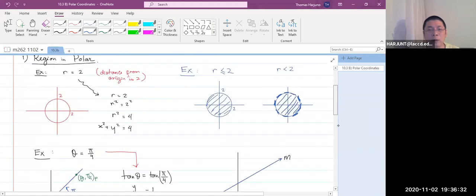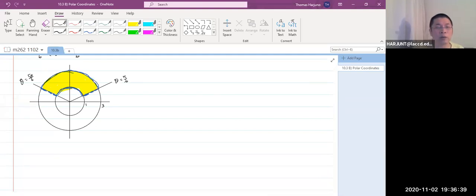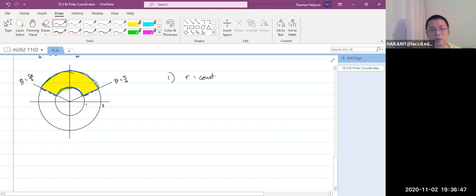But how about going back to common graphs? How about going back to the common graph or common equation? So we already have the first one, when r equals a constant. That's a circle. Second, when theta equals a constant, that's a line through the origin.